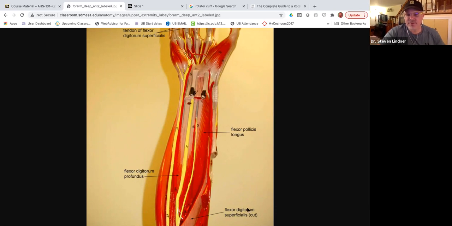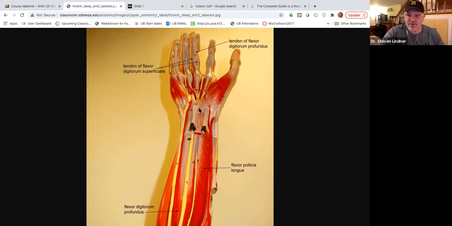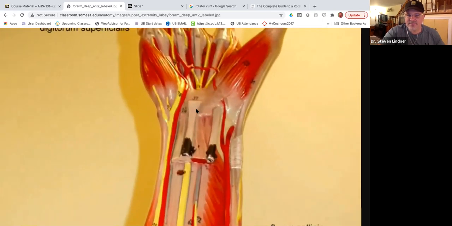This is flexor digitorum superficialis because it's superficial. We cut it, and deep to that is the flexor digitorum profundus. Both of these are major finger flexors of digits 2 to 5, digits 2, 3, 4, and 5. Those go underneath the flexor retinaculum.